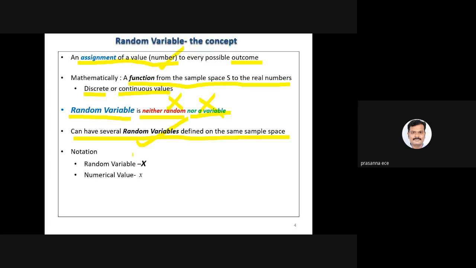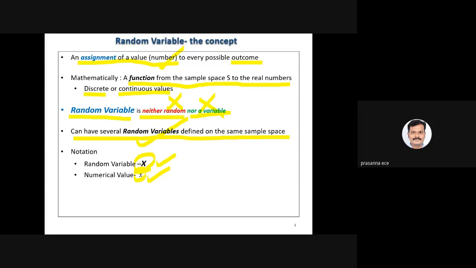Okay, and one important point to note here is about the notation. Okay, so any random variable is shown by a capital X, I mean any capital alphabet. Okay, so here I am using the alphabet X. So any random variable will be denoted by a capital letter. So the numerical value that a particular random variable takes for a particular outcome will be shown as a small letter, okay, a small alphabet.